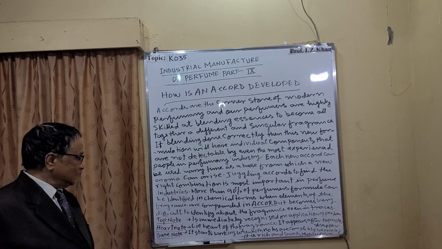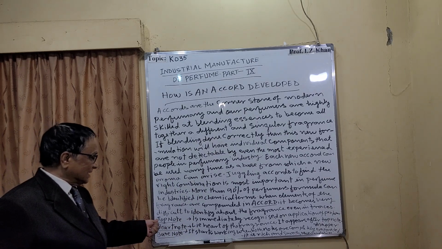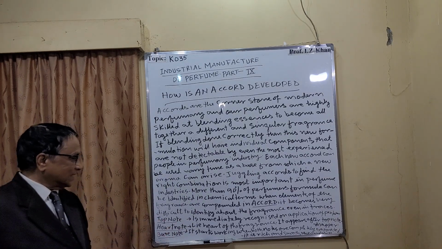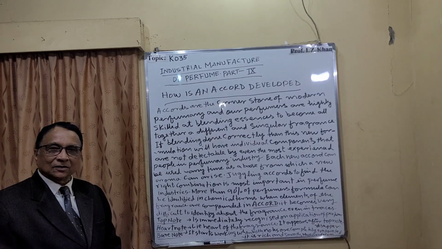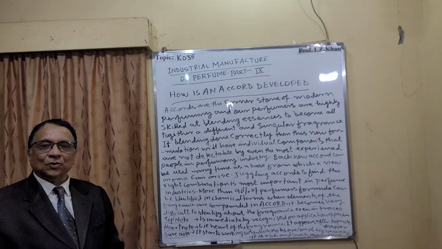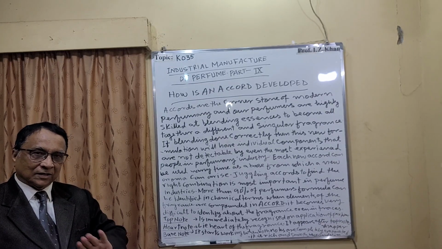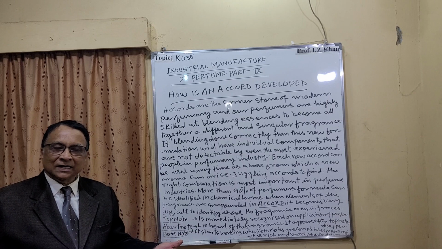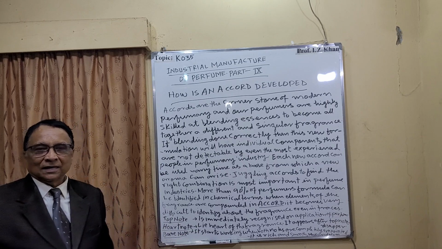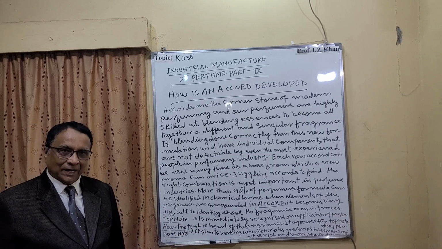It will be recognized. Then second is heart note. Heart note is the heart of the fragrance. It appears after the top note disappears. When the top note disappears, it may take 15-20 minutes. Then your heart note will appear.